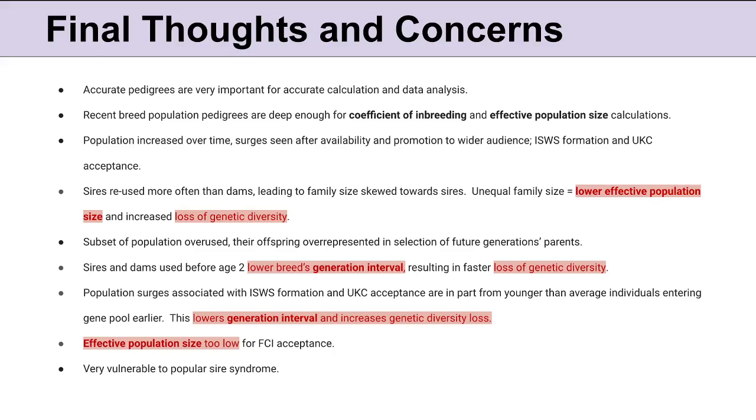So the final thoughts and concerns I have from this investigation is that we do have accurate pedigrees and that they are very important for accurate calculation and data analysis in terms of they are at least 5 generations deep. And I think that this emphasizes how important it is to have continually accurate pedigrees moving forward.